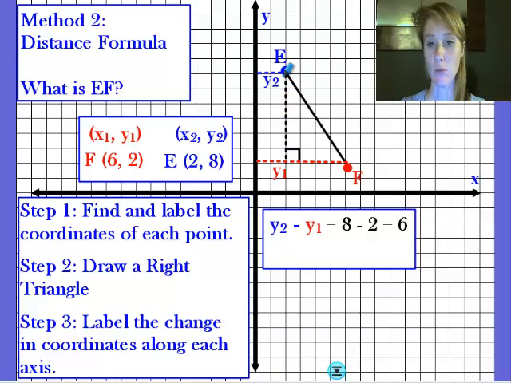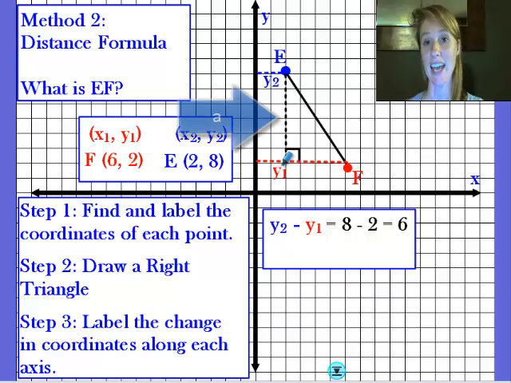So, if I were to move along the y-axis, I would have a length of 6 units to travel to get to point F from point E. So this actually represents the same length of side A from our Pythagorean theorem. So you can see how the distance formula is actually following the Pythagorean theorem. Okay, great. I've expressed this mathematically here. The change in y values, y2 minus y1, equals 8 minus 2, it's just the coordinates, equals 6. That's the length along the y-axis.